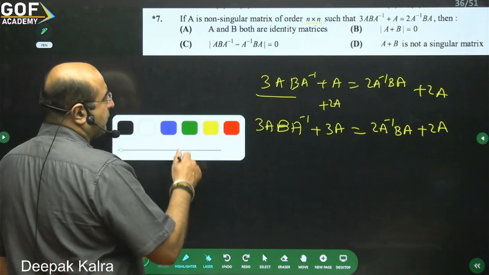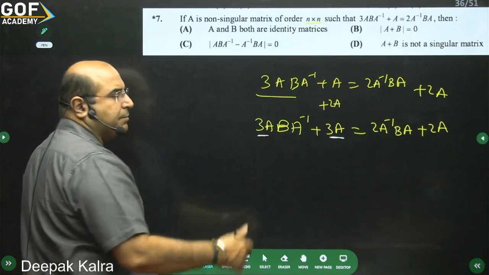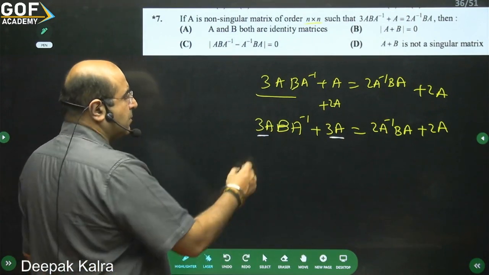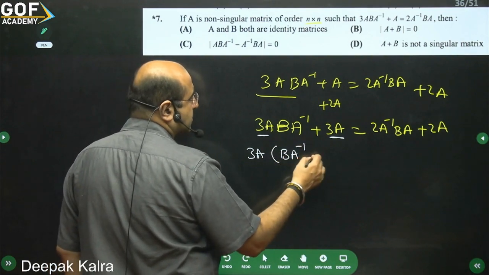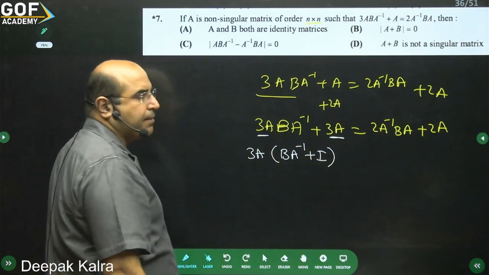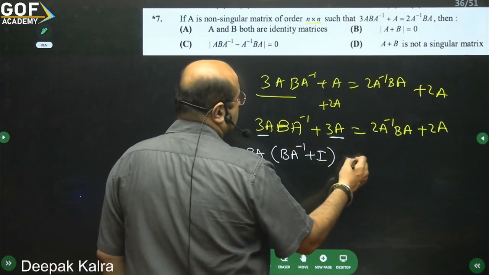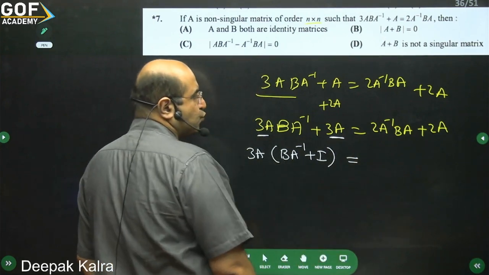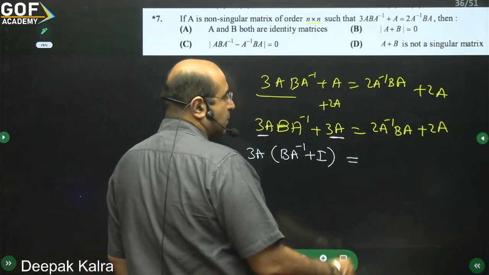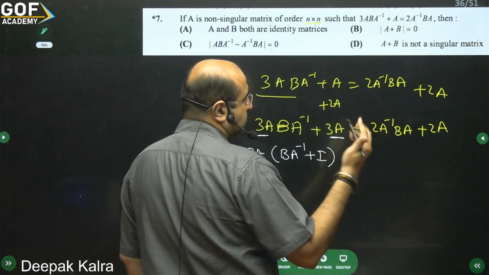So what I'll do, you can take 3A common from this place. You have B A inverse plus I. Clear? And this place, what can you take common? Nothing.